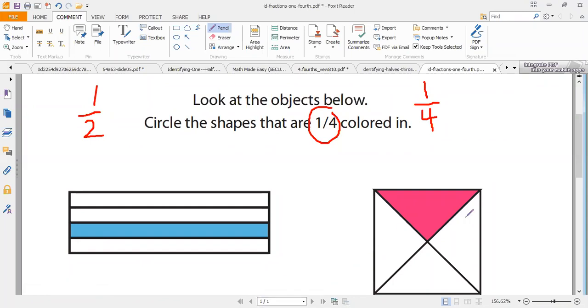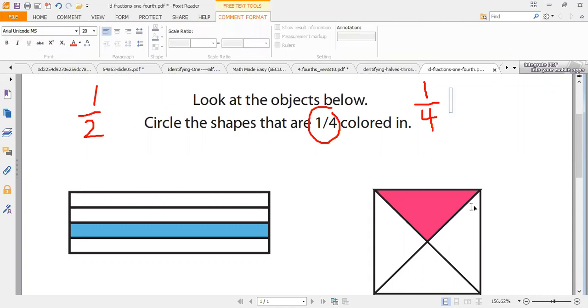Roqaya, if you see the number 4 down, that means this is fourth.